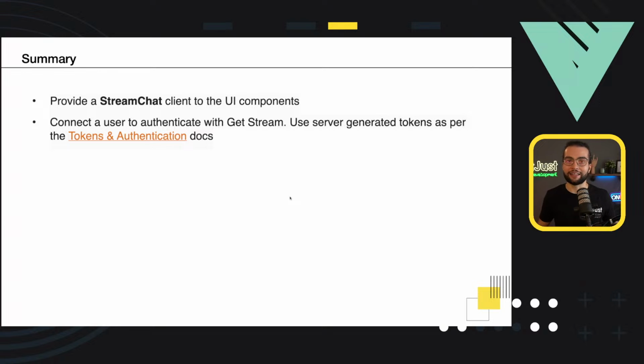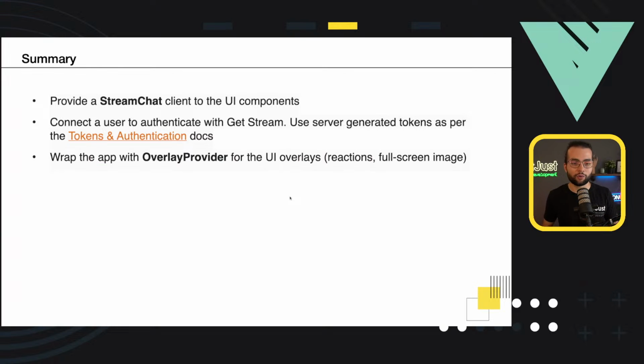For now, we used the development tokens to connect to the backend of Stream Chat. After we connect the user, we wrap the whole application in the overlay provider to allow Stream Chat to display things on top of our applications, like full screen images.